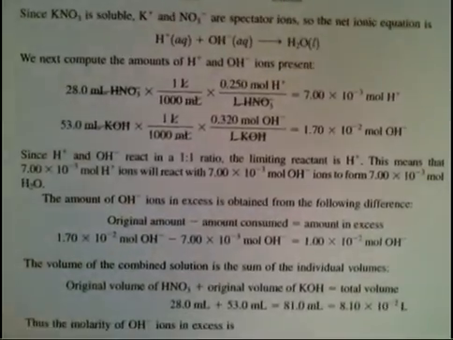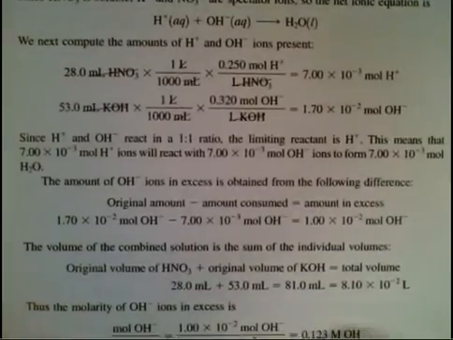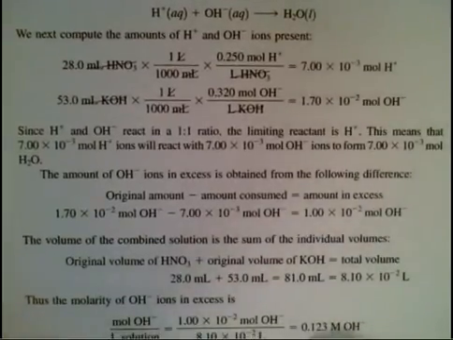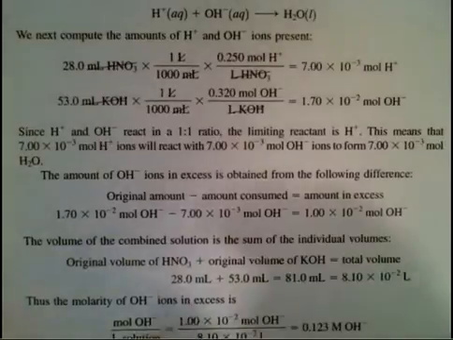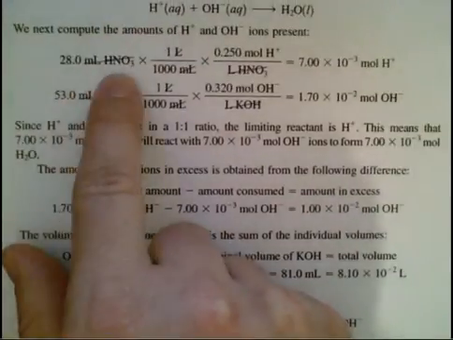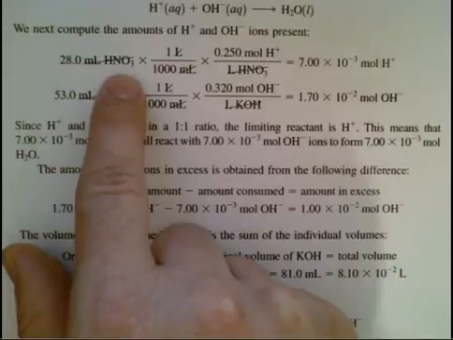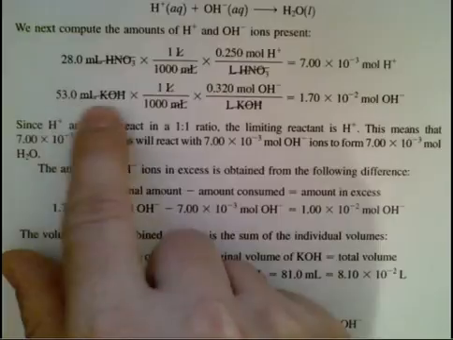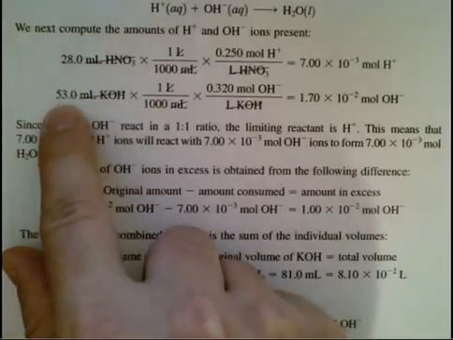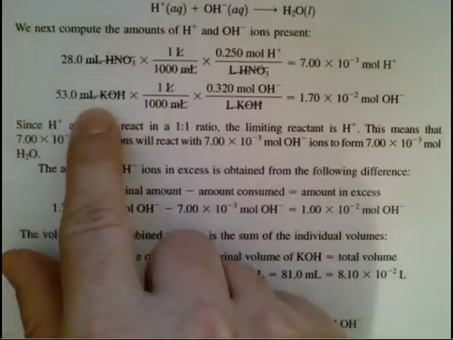We next compute the amount of H+ and OH- ions present. We can do that pretty easily by taking the volume of the HNO3, that's given to us by the problem as 28.0 milliliters, and then the volume of KOH given to us by the problem, which is 53.0 milliliters.